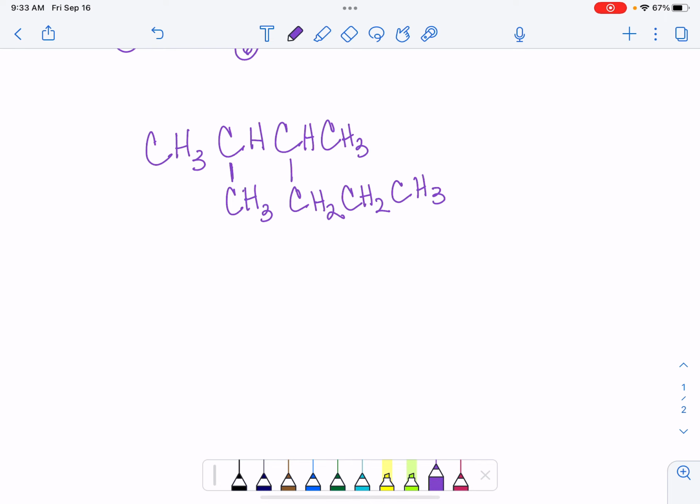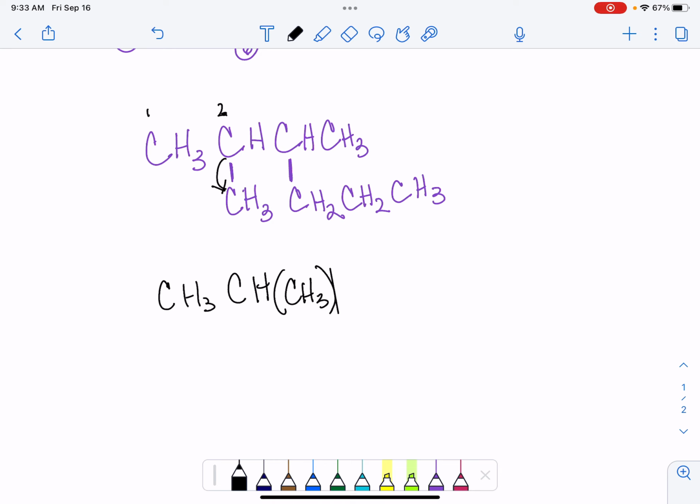So anything hanging off can be in parentheses. So I might, for example, let me change colors here. I might start with this 1st carbon and write CH3, and he's only connected to the 2nd carbon, so CH, but the 2nd carbon has a carbon hanging off of him, that is a CH3.